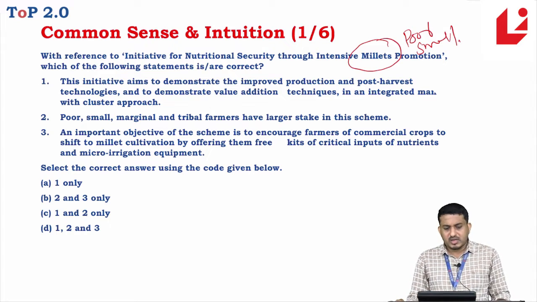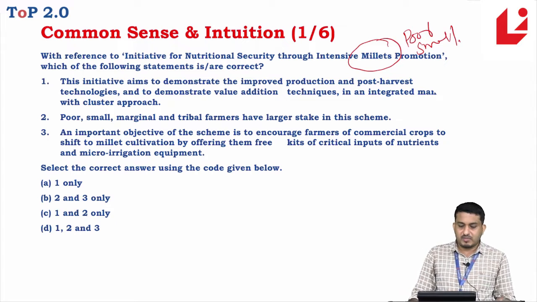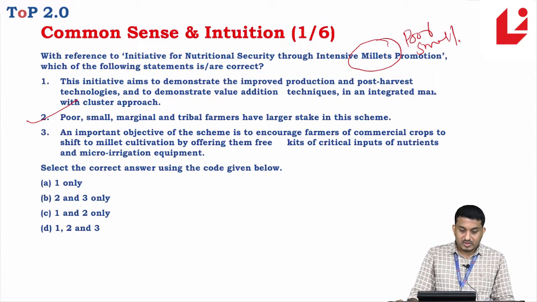Now you read the second statement: poor, small, marginal and tribal farmers have larger stake in this scheme. So this statement seems correct because millets are generally produced by poor, small, tribal farmers. So 2 seems to be correct.